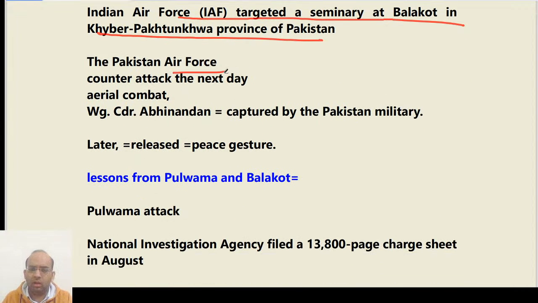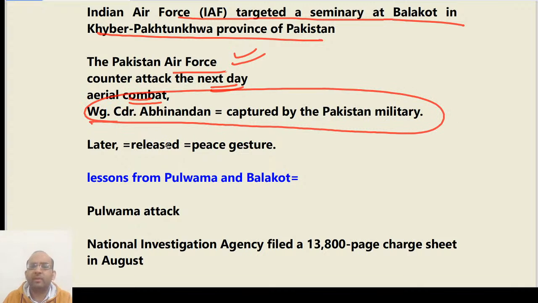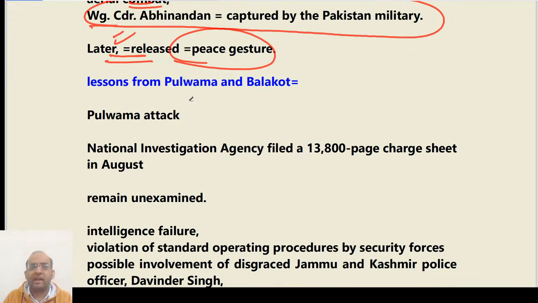The Pakistan Air Force tried to give a befitting reply the next day, but in aerial combat their jet was destroyed and our jet was also destroyed, but our commander was captured by the Pakistan military. Later, he was released after diplomatic negotiation and pressure from foreign countries like Saudi Arabia, UAE, USA, China, etc. So what are the lessons from Pulwama and Balakot?